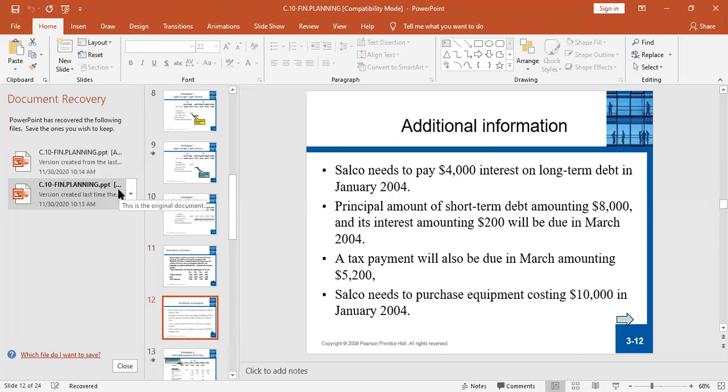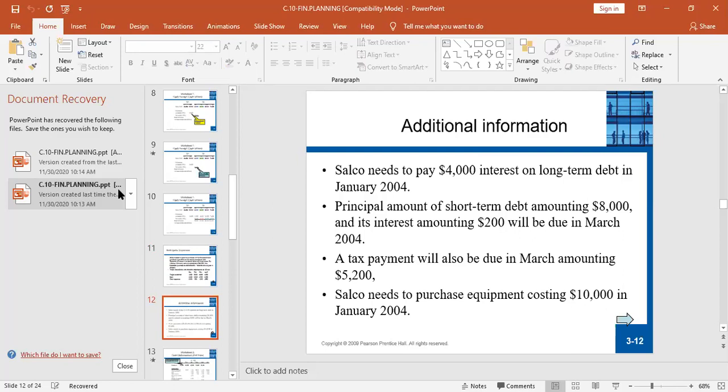So in January, there is a 4,000 interest that the company needs to pay. Next is the principal amount of short-term borrowing amounting to 8,000 and its interest amounting to 200 ringgit, which will be due in March 2004. So in March, there is an interest of 200 and also borrowing of 8,000.